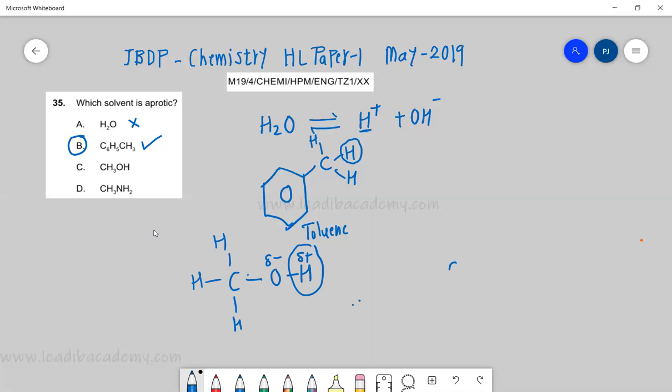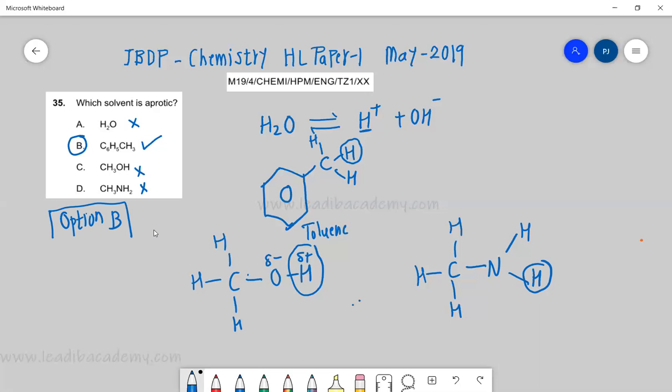So this is how it is, CH3 and then NH2. Very much one of the hydrogens can be gifted, because nitrogen is more electronegative, so it can give away this H+. So all of these are protic solvents, the exception is toluene. So the correct option is B.